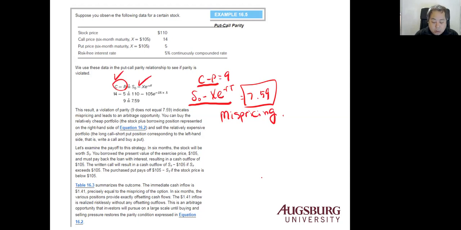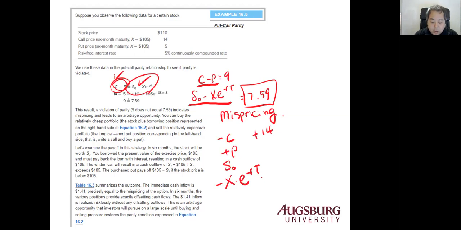So you short the overpriced one, so you sell call, buy put, and you go long the underpriced one, so you buy stock and you borrow X times the exponential function of negative rT. In this case, you write a call, so you receive $14.